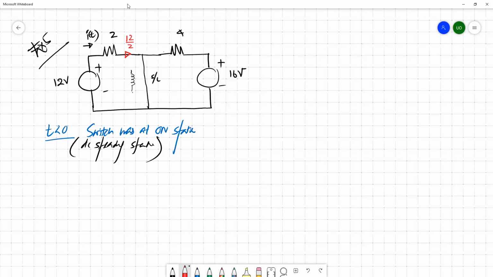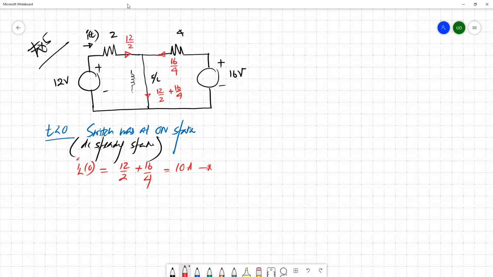Similarly, you can find the current flow through this resistor as well. So this is basically 16 divided by 4. Then the total current flow through the short circuit path is 12 divided by 2 plus 16 divided by 4. So IL0 is 12 divided by 2 plus 16 divided by 4, which equals 10 amperes.